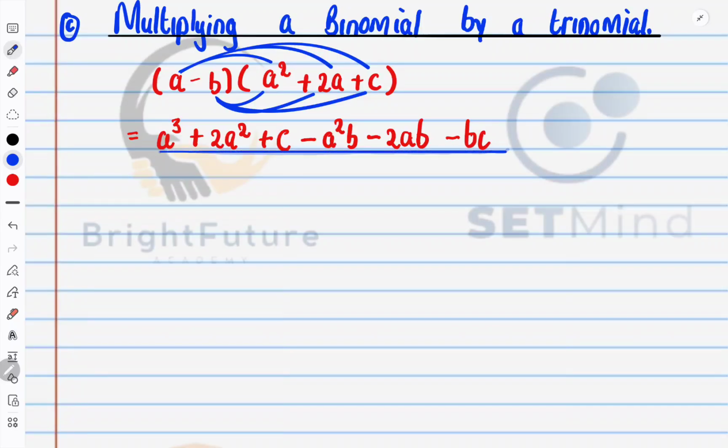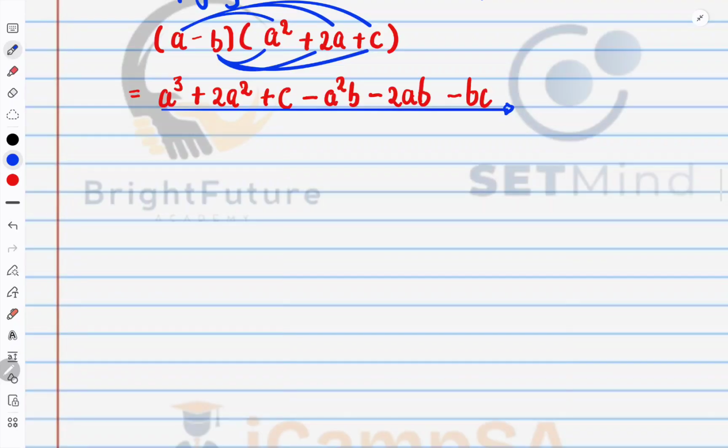It's still the same thing, we're following the distributive law. That is multiplying a binomial and a trinomial.